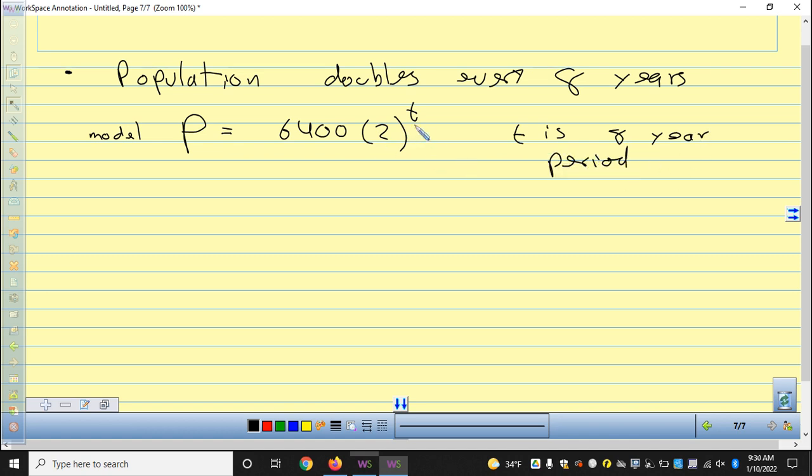So every 8 years, our population doubles. The first question is, what is the population when t equals 0?